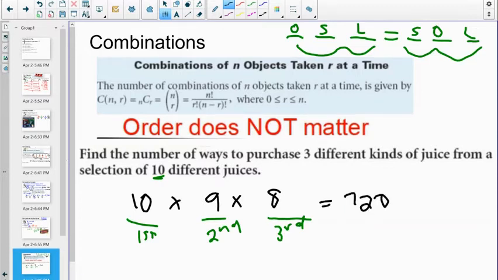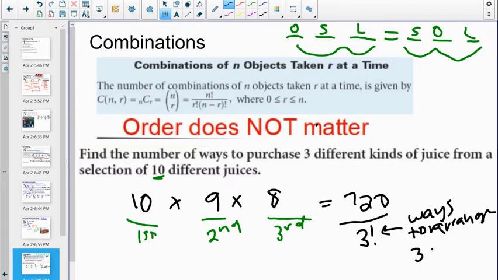But remember, with the fact that order doesn't matter, we have to divide by the number of ways we can arrange those 3 juices, and that would just be 3 factorial. If it was 4 juices, then you would have 4 factorial down there. So these are the ways to arrange the 3 juices. And that is going to get you to 120 different ways.